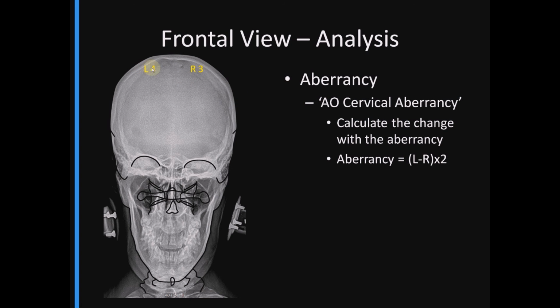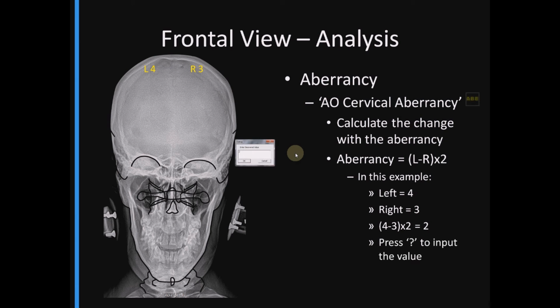So here we have a 4 minus a 3 gives us a 1, and then we're going to multiply that times 2, and that will give us a 2-degree discrepancy in how the condyles are planed compared to the center line of the parietal bones. So when we press the question mark button, we would then put a 2 into the box here, then press OK, and the computer would input the aberrancy of the condyles into our overall analysis.